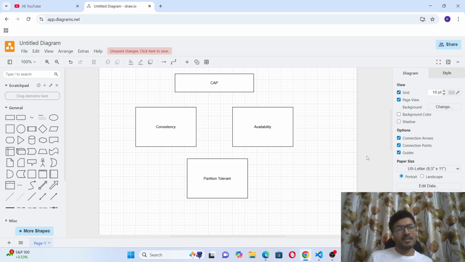So why do we need the CAP theorem, and why did it come into the picture? Consider you're designing your application, and this application is like YouTube, and you see that in the near future it's so big that so many people are using it. Now, if you run it at one place, it's not possible.